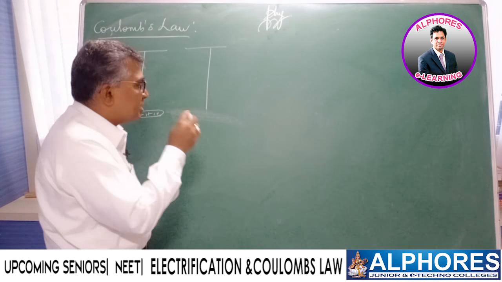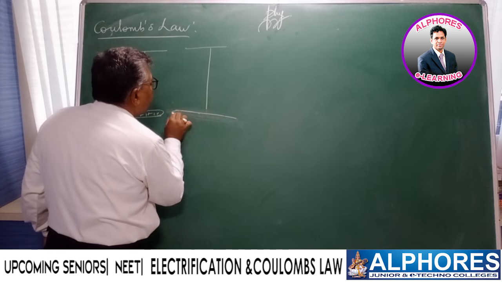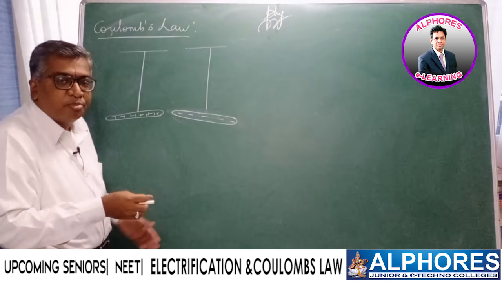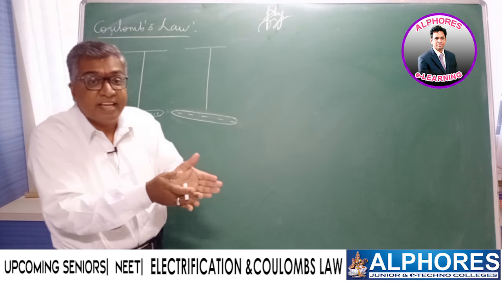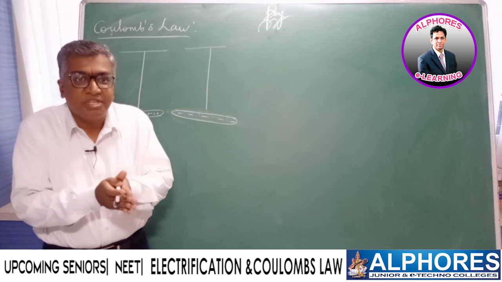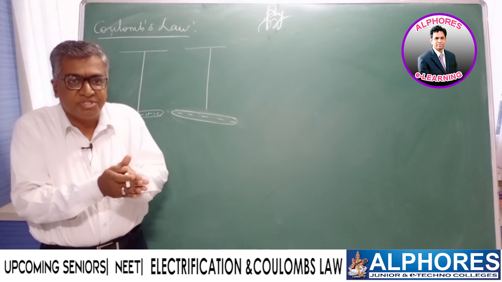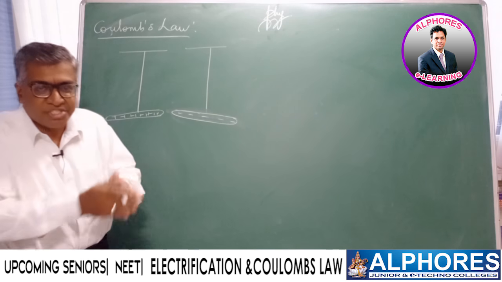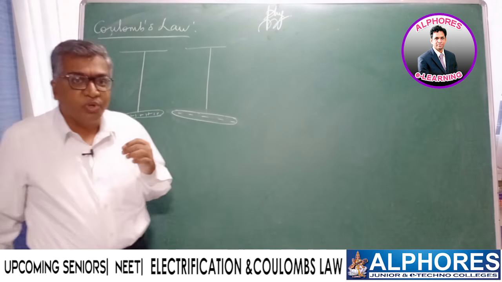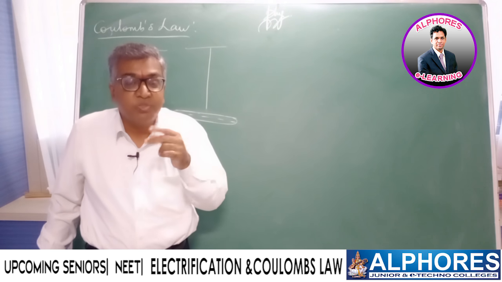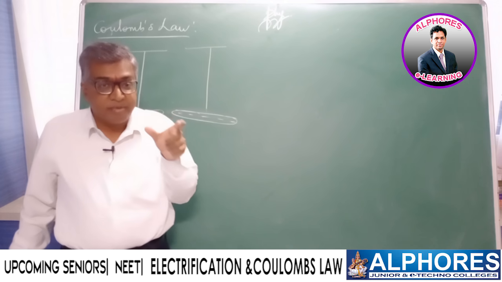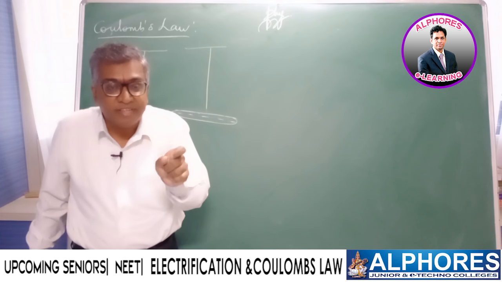When I suspend the ebonite rod, this negative, and bring it closer to the glass rod, they get stuck up, they attract, come closer, approaching force, attraction, clinch. So thus people noticed the two types of electrostatic forces. One is the force of separation, the other one is the force of attraction.